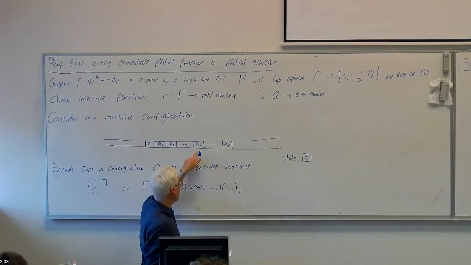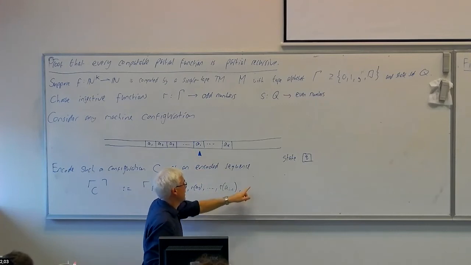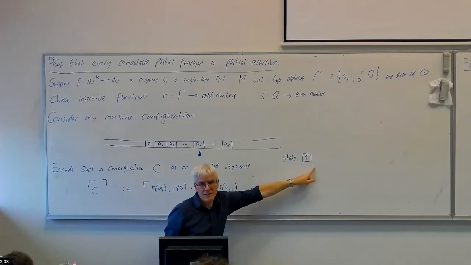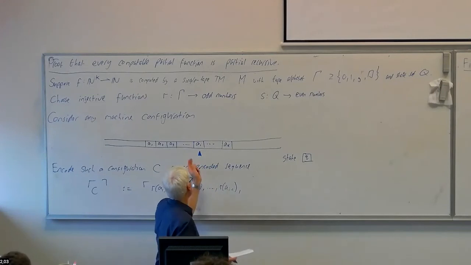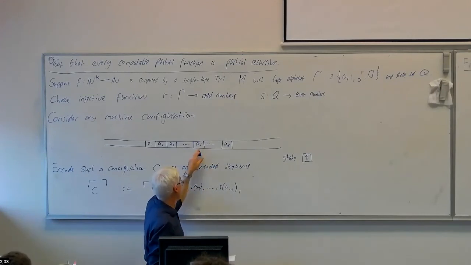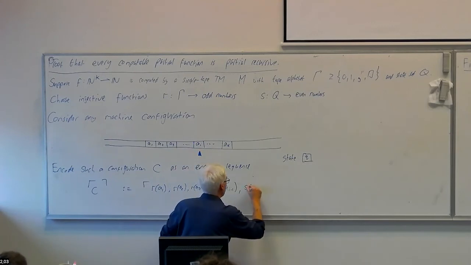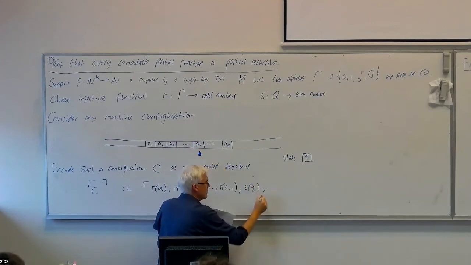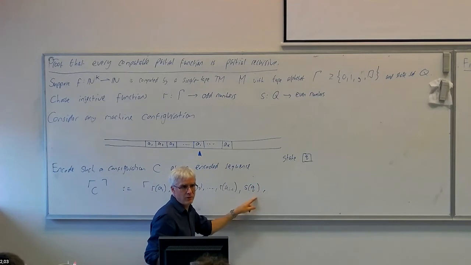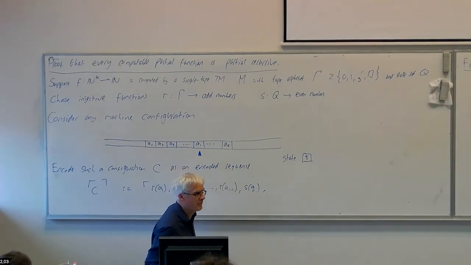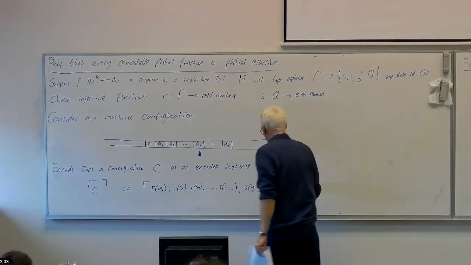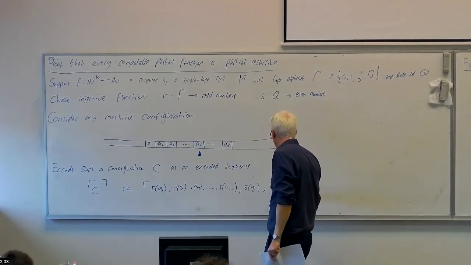And then to record the head position, I insert the encoding of the state to the left of the position that the head is pointing at. So I'm going to put the encoding of the state here. I'm using the encoding of the state both to record the state of the configuration and the head position at the same time. And then I'll continue the sequence with the encoding R(a_i).